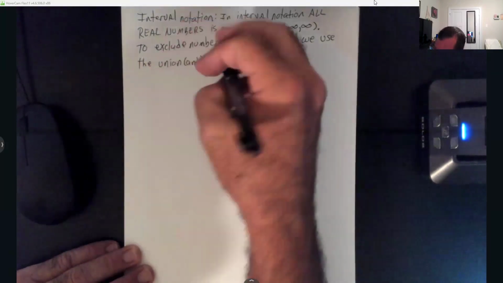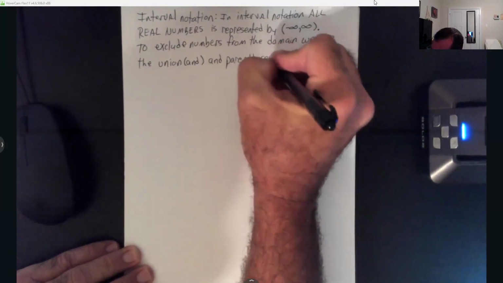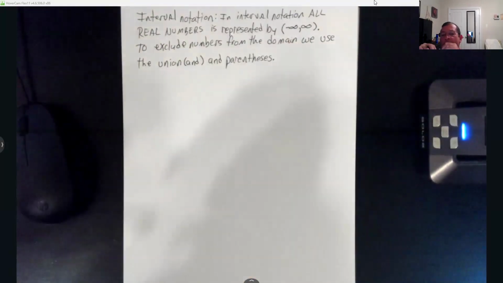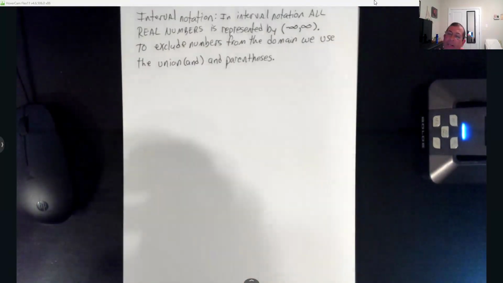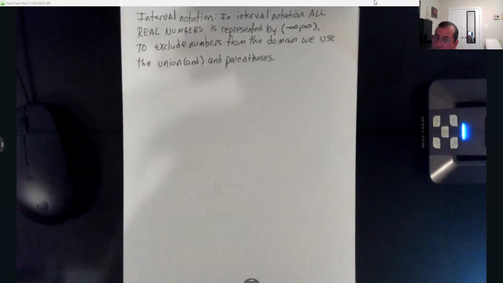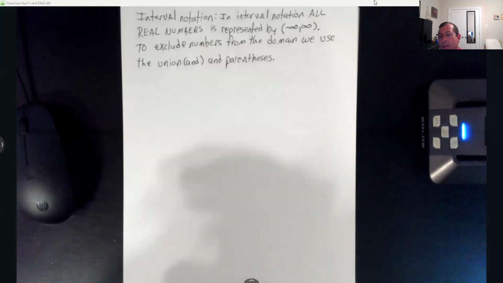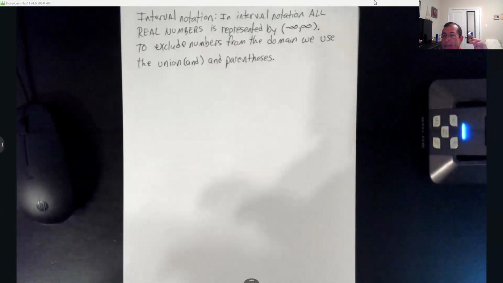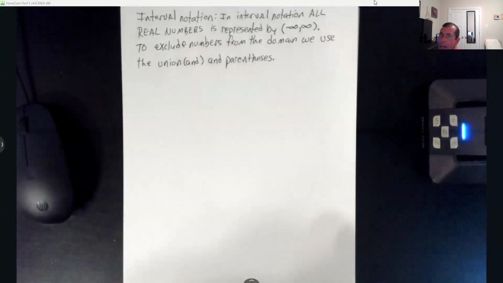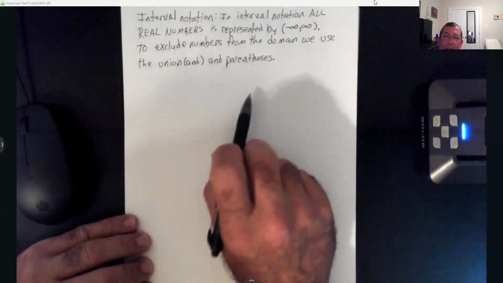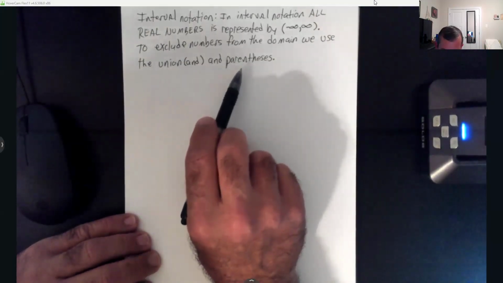And we use parentheses. So in math, if I use curved parentheses, that means it's not including the number the parentheses are around. If I want to include those numbers in a domain, I would use brackets. We'll use brackets later on in life, but for right now, everything is in parentheses because we're excluding numbers. Okay, so let me show you an example.